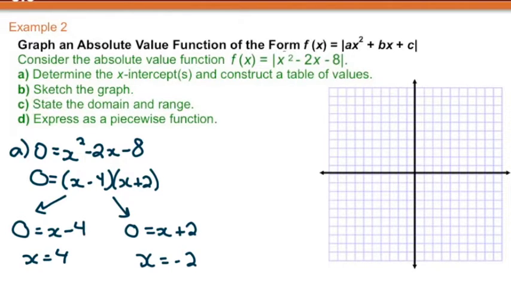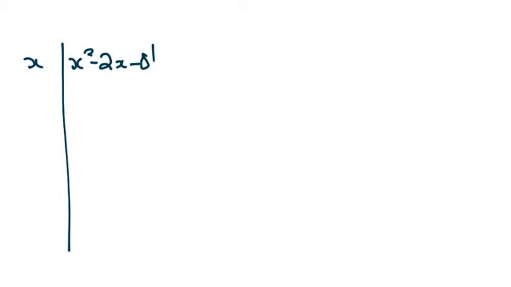Just in the interest of space, I'm going to do the table of values on the next slide. So what we have is an x, our function without the absolute value, and our function with the absolute value.